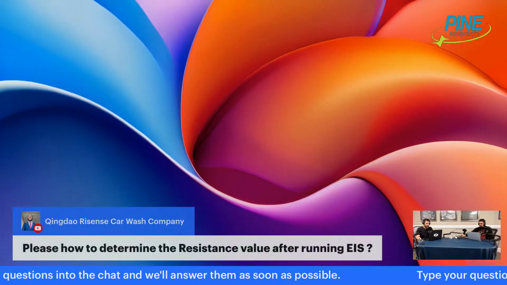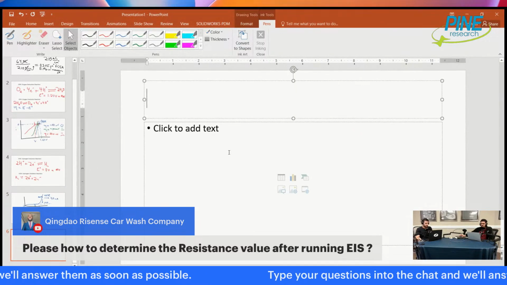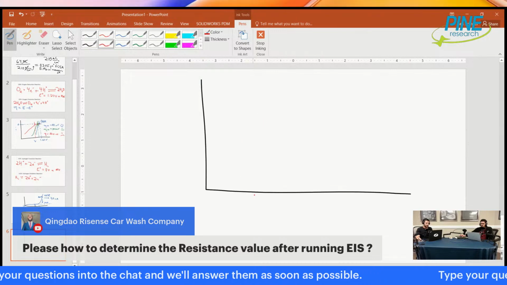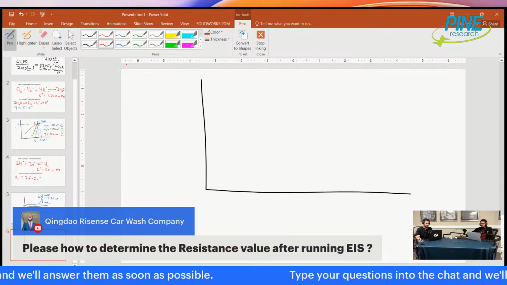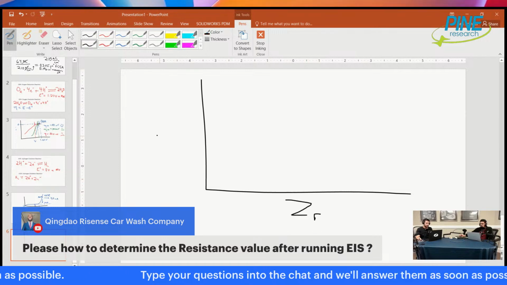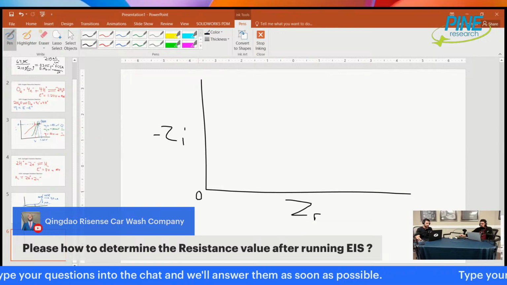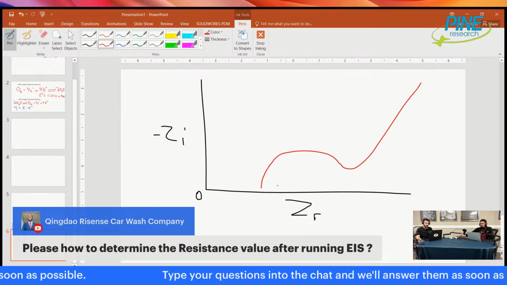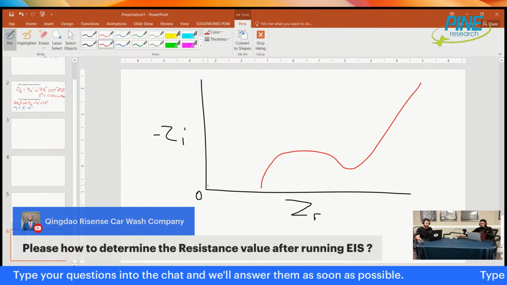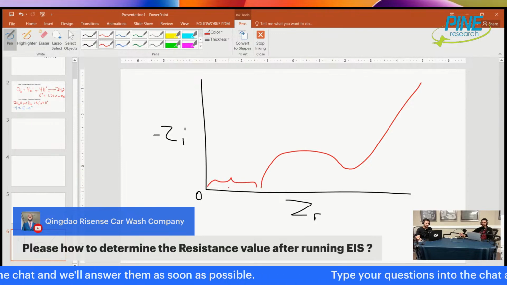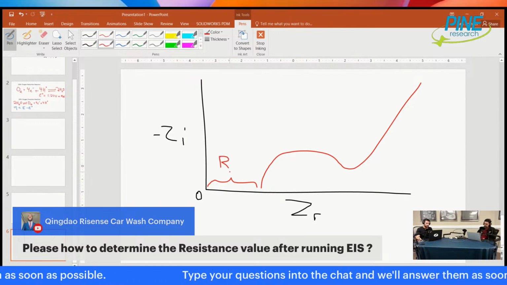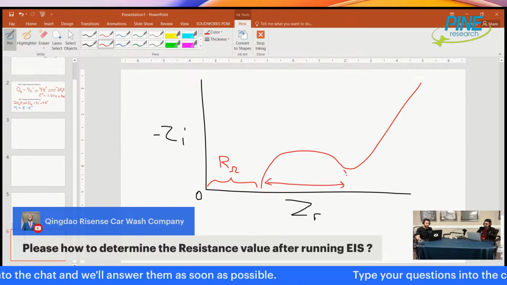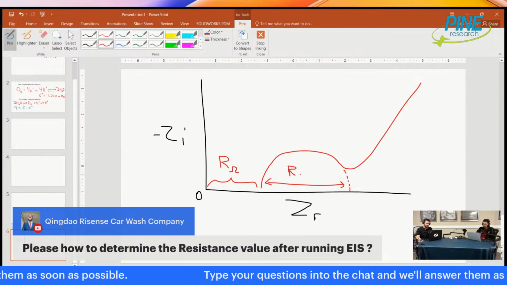If you're looking at a Nyquist plot, with Z real on this axis, minus Z imaginary on this axis, and this is the origin, and you're studying the ferricyanide and have a Nyquist plot like this, this distance right here would be your ohmic resistance, and the width of this semicircle right here is the charge transfer resistance.